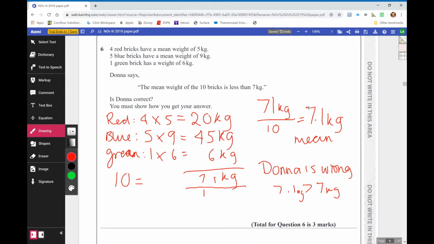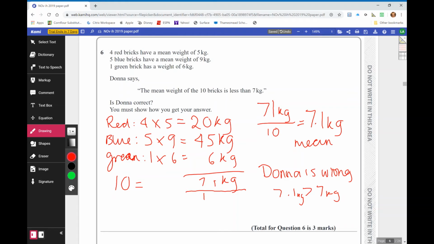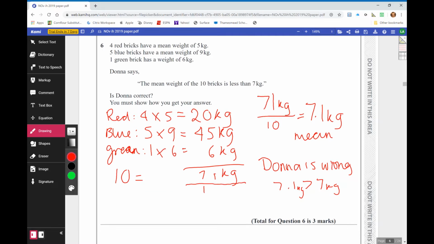You can use the greater than arrow to show that 7.1 is bigger than that. So she's clearly wrong. Is she correct? So make sure you get this statement mark saying that she's wrong and the reason why. And then you'll probably get a mark for doing this part, and then probably the 7.1 has a mark. Okay, so 3 marks available for that one.